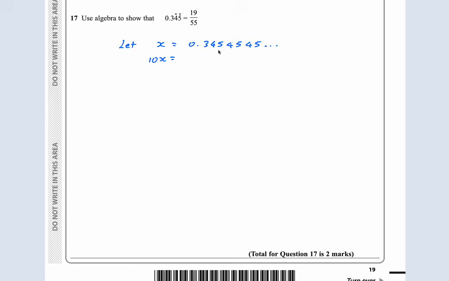So 10x equals 3.4545 dot dot dot. Now the goal is to get the decimals the same. These decimals are not the same. So I go again, multiply by 10 again. And I get 34.5454 dot dot dot. Also not the same.